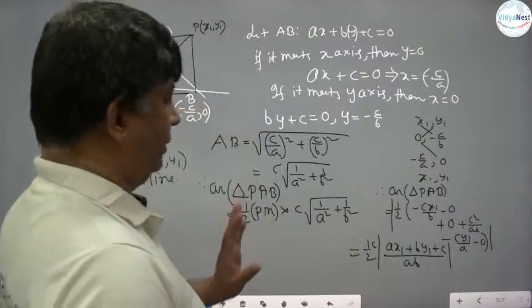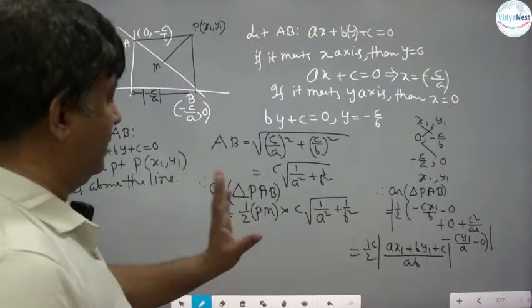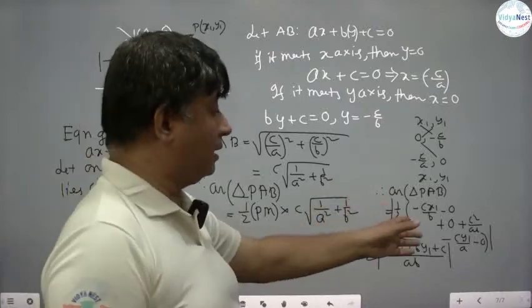So this is the area of the triangle by coordinates.